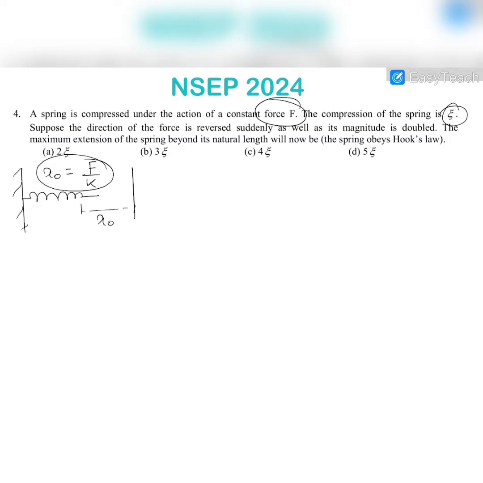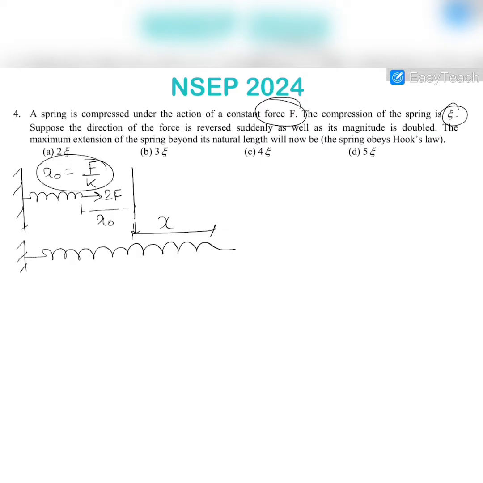So this is the natural length position, and let us suppose that we have reversed the direction of the force and doubled it. Let us suppose that the spring has been extended by a distance of x from the natural length.